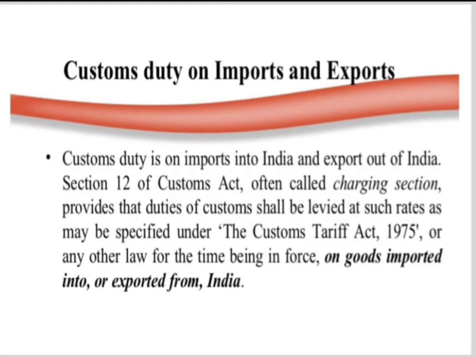Section 12 of the Customs Act, also known as the charging section, provides that duties of customs shall be levied at such rates as may be specified under the Customs Tariff Act of 1975 or any other law for the time being in force on goods imported into or exported from India.